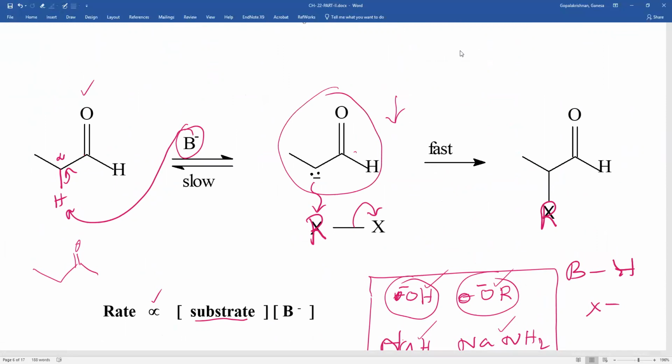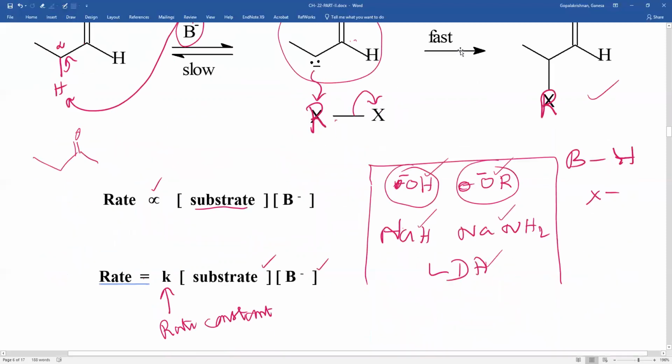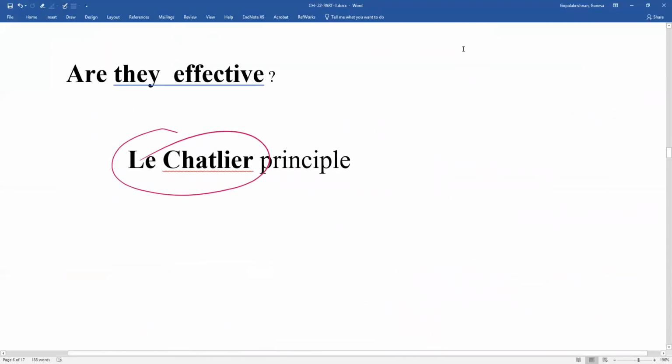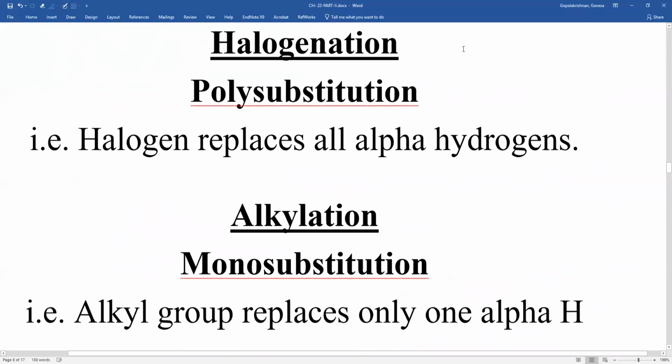If you use OH, there will be a small amount of the enolate ion, but that is not going to stay in the equilibrium. It reacts with alkyl halide and goes here. So more and more aldehyde is converted into this. So we can use OH and RO for this purpose.